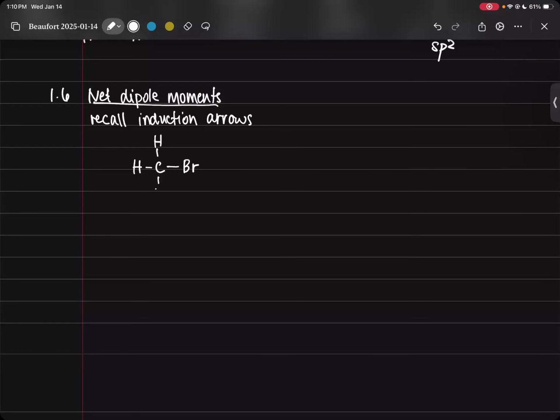So if we've got a carbon with 1 bromine and 3 hydrogens, we're going to have an induction arrow pointing toward the more electronegative element. Halogens are super electronegative. So there's our induction arrow.